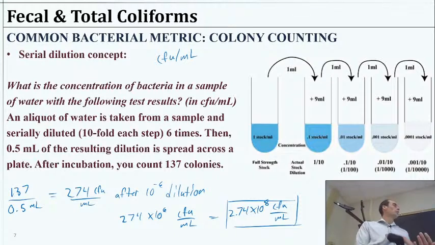So another thing you could do, and I don't think I have an example for you on this, is think about what happens if you had 137 colonies on a filter that you incubated after filtering 50 milliliters of water.